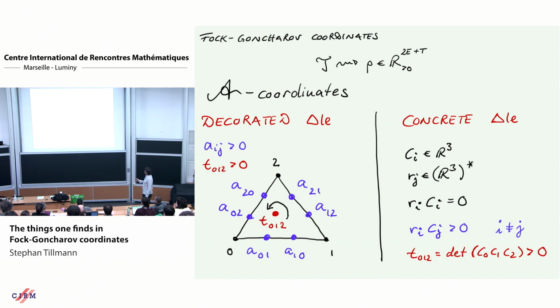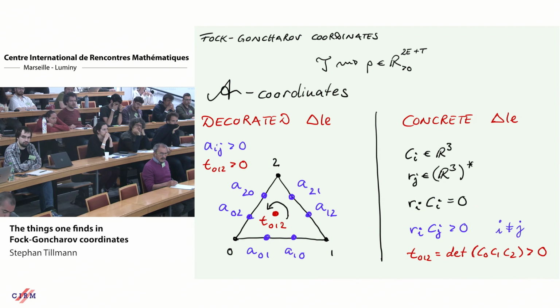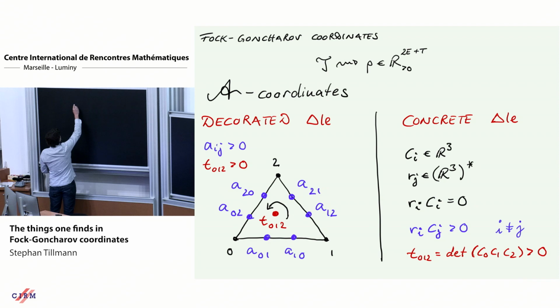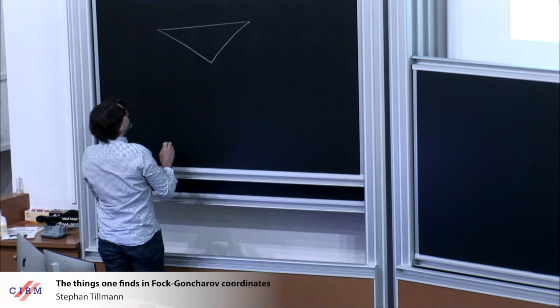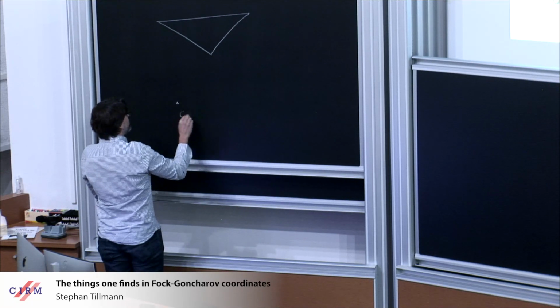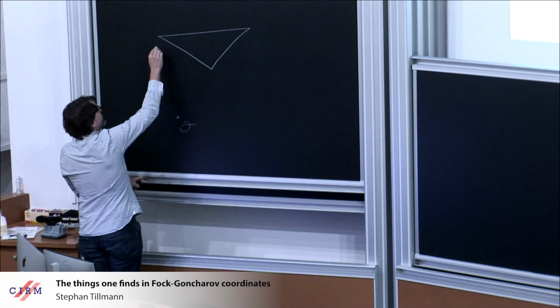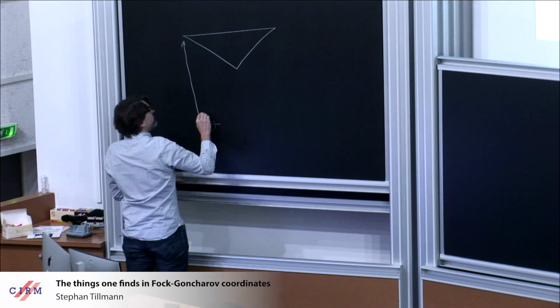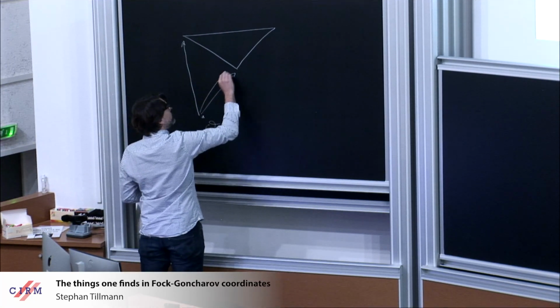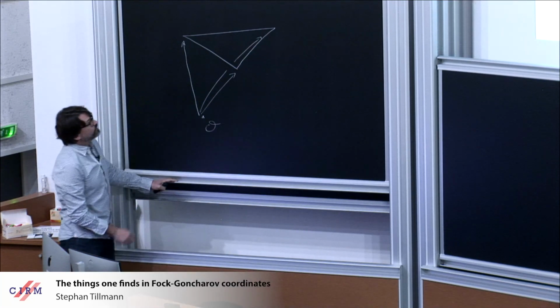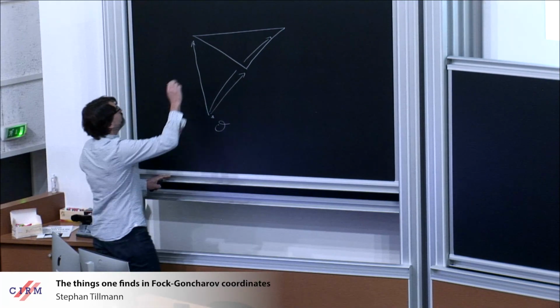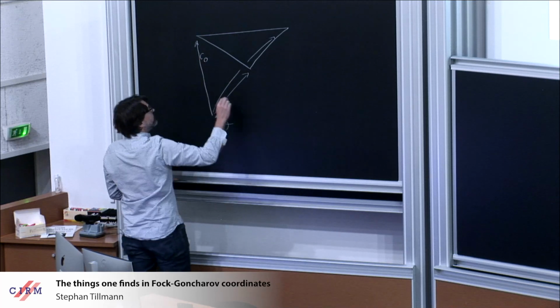Now I want to construct something that I call a concrete triangle. A concrete triangle is going to be a triangle in R3. Here's maybe one triangle. Let me put the origin somewhere. So here's the origin. And what you want is some vectors going out to these vertices. These are my vectors Ci. So maybe here, this is C0.